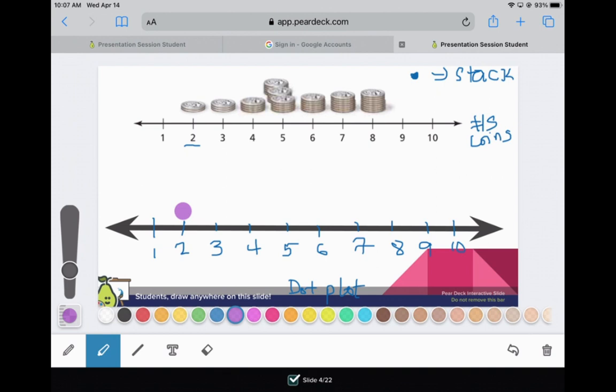So how many stacks for that? 1 stack, yes. So I'm going to have 1 dot. That is something you want to be careful about when we look at this data. All right, the next one, I'm going to look at 4. How many stacks? I'm looking for the stack. I have only one stack, so that's going to be 1 dot.